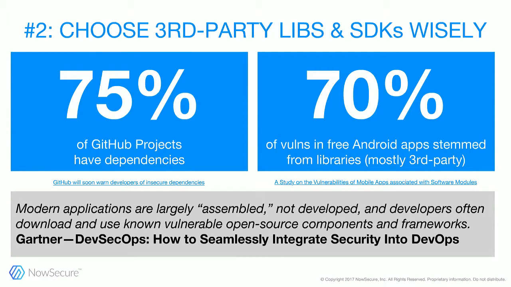Just like Google with Project Zero, large technology companies are realizing that this entire ecosystem is dependent upon the security of all of its moving parts, and that it's a very expensive, difficult, and constantly changing world to keep up with. So in order to help people make better choices around third-party libraries, they're scanning them and looking for flaws in the infrastructure that they run on, if you upload source code to GitHub that uses third-party libraries. I think it's a very interesting trend, and there are some specific things you can do from a mobile perspective that Katie will walk us through.